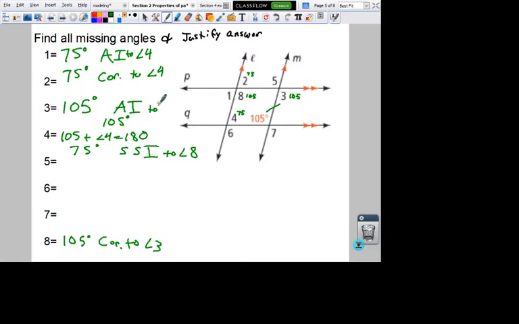Alright, let's keep going through. I need angle 5, 6, and 7. I think we're back to Chloe. What do we know about angle 5 and angle 2? What kind of angles are 2 and 5?